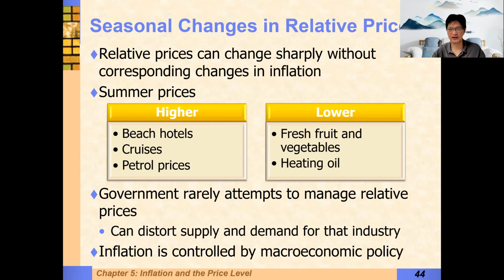That's just market conditions changing. Now, when you have relative prices changing, the government should not get involved. And generally speaking, it does not get involved. If you get involved with relative prices changing because of changing market conditions, you're just going to make the market less efficient. So you let the prices change according to market conditions.